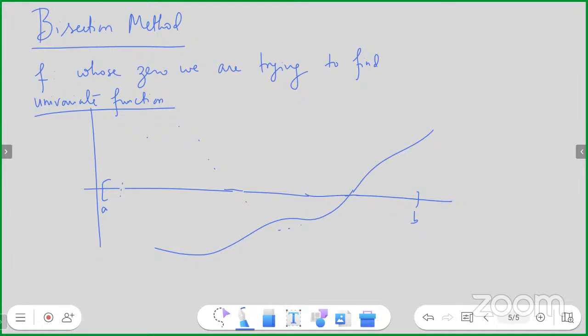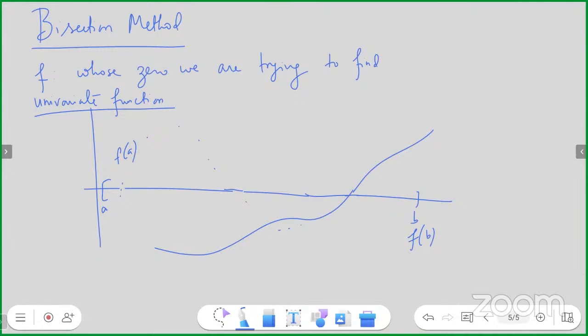Now what will I do? We start with the a and start with the b. Supposing this is the thing, this is negative and this is positive. Now what should I do? Which direction should I go? Yes, so I have f of b and I have f of a. F of a is less than 0. Yes.